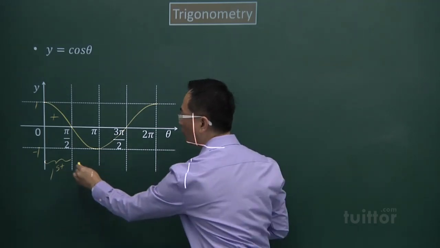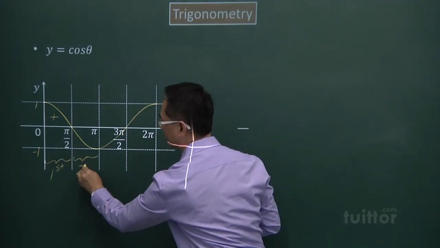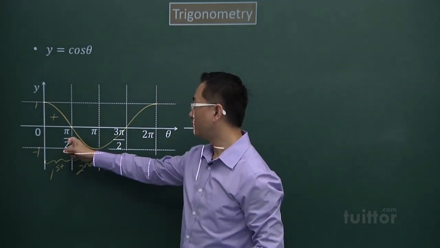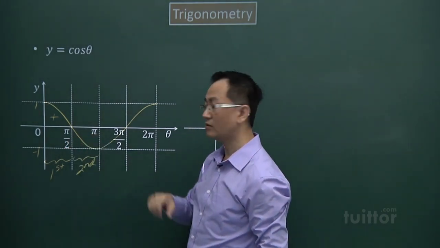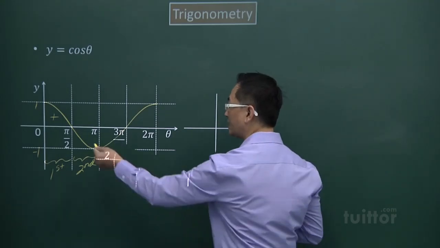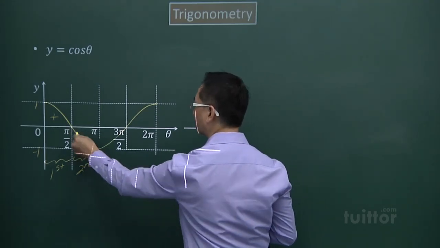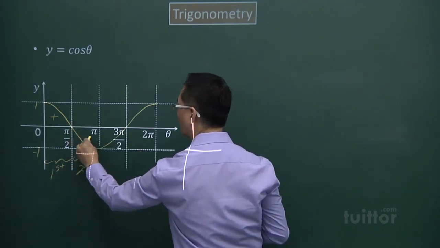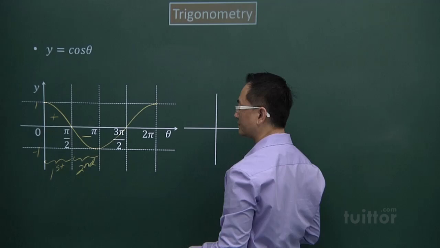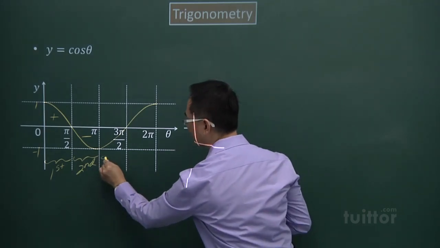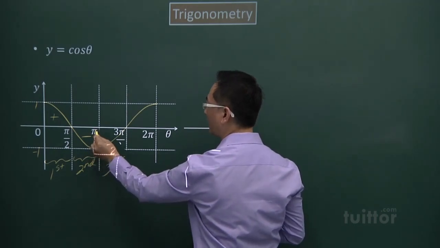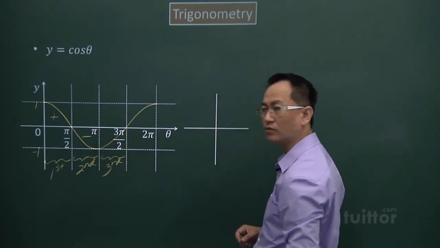Then in the second quadrant, the range of the angles is pi on 2 to pi. And you notice that this part of the cos graph is below the theta axis. All the values of y will be negative. Next, the third quadrant, the angles from pi to 3 pi on 2.